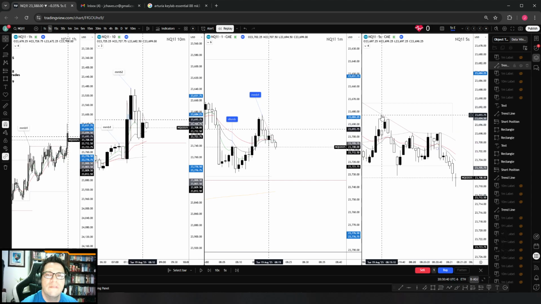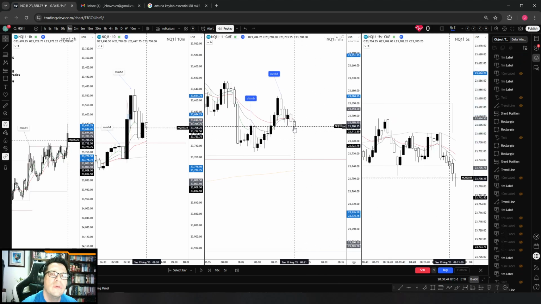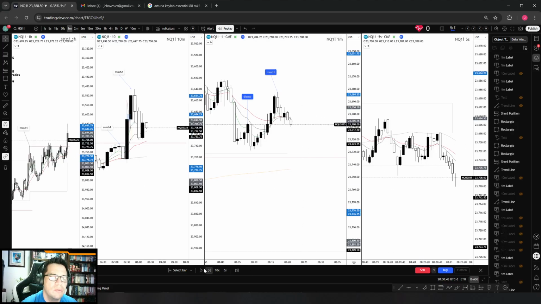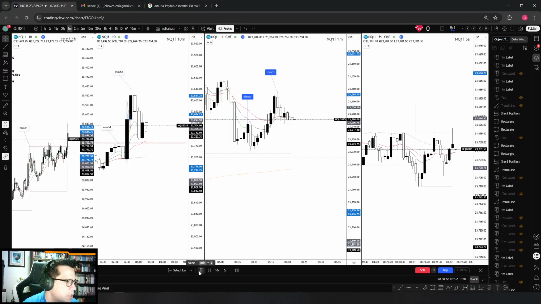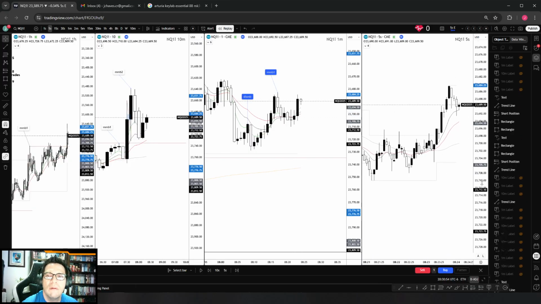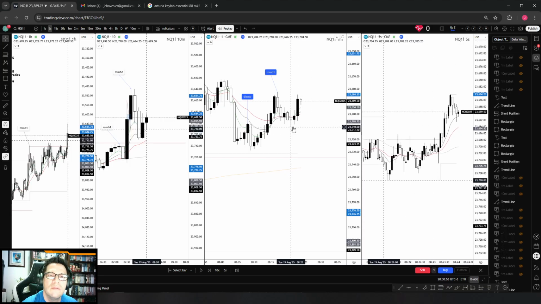And now we are failing here on the validation with 2 consecutive candle closes below the EMA, so let's wait to see what happens. So price reacts from there.